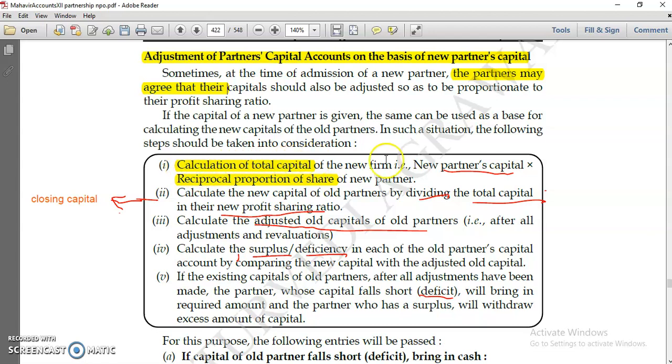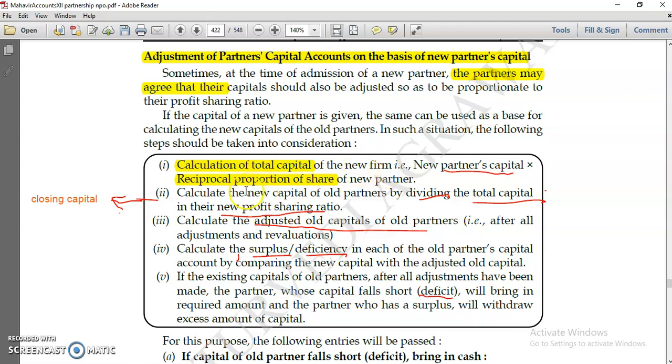Total capital is equal to the new partner's capital, which is given, multiplied by the reciprocal of the share of the new partner. Reciprocal means the reverse of that share. Let's say the new partner's capital is 50,000 as he brings his capital for a 1/5 share. So 50,000 multiplied by 5/1 gives total capital of 2,50,000.